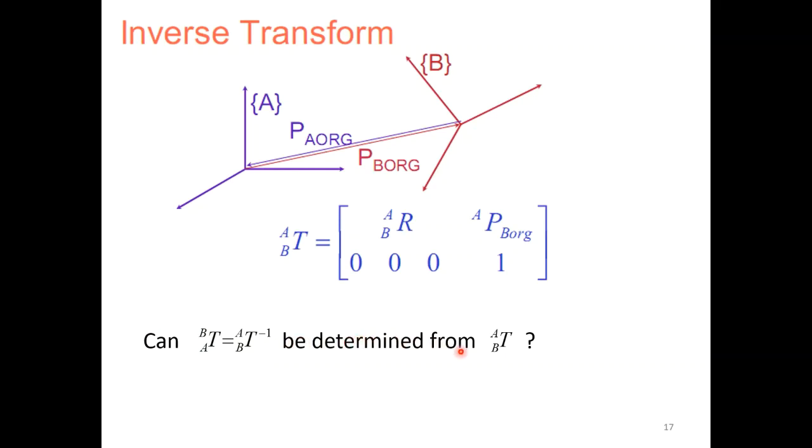Can we determine this from ABT? If at all possible, it's easier, right? Without deriving it all over again. It's so much easier if you can reuse whatever you know, that is ABT information, and then modify it so that it becomes BAT. So that's what we want to do.